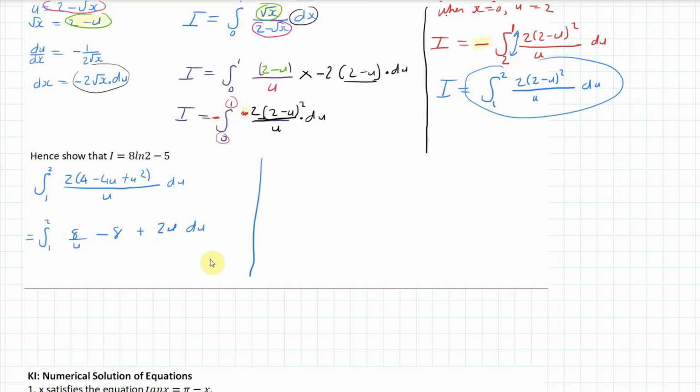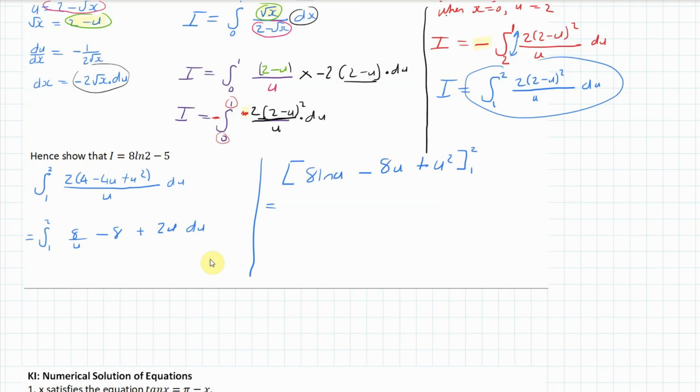Okay, and now I'll integrate them. So 8 over u, that's 8 ln u when we integrate it. Then when we integrate the minus 8, it's negative 8u. When we integrate the 2u, that becomes u squared. And our limits are 2 and 1.